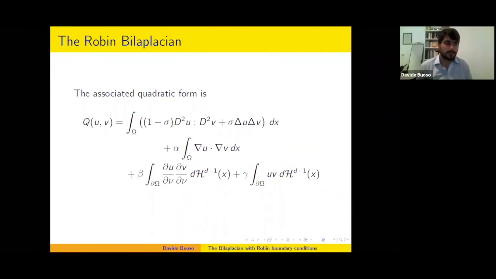Yes, indeed. Usually, in this type of results, the different dimension does not really come up, so you don't see it. I'm not an expert, I haven't studied it, but I know that for some types of estimates for the Bilaplacian, for the Neumann Bilaplacian, actually the dimension makes a lot of difference. So you have dimension 2 as a case, dimension 3 as another case, and then you have dimension 4 and bigger.